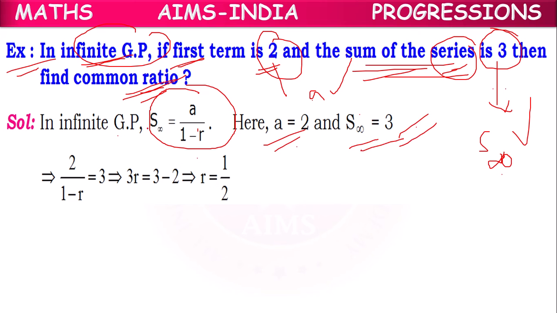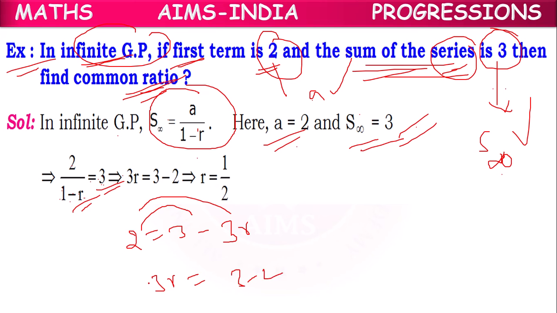Let's substitute here. 2 by 1 minus r, which we don't know, equals S infinity, which is 3. So 2 equals 3 into 1 minus r, 3 minus 3r. The 3r goes to the left hand side and becomes plus 3r. 2 goes to the right hand side and becomes 3 minus 2. So 3r equals 1.